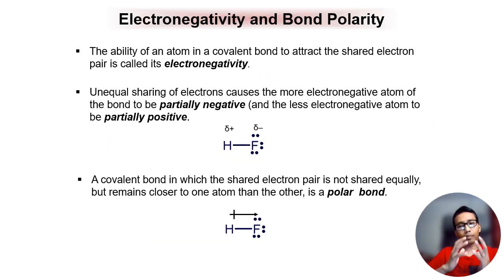Now, what we're going to look at is how the electronegativity of atoms can explain bond polarity. Electronegativity, as we have already said, is the capability of atoms to attract electrons towards itself.